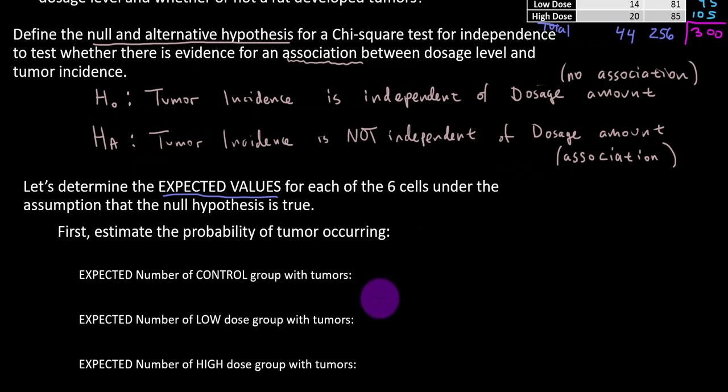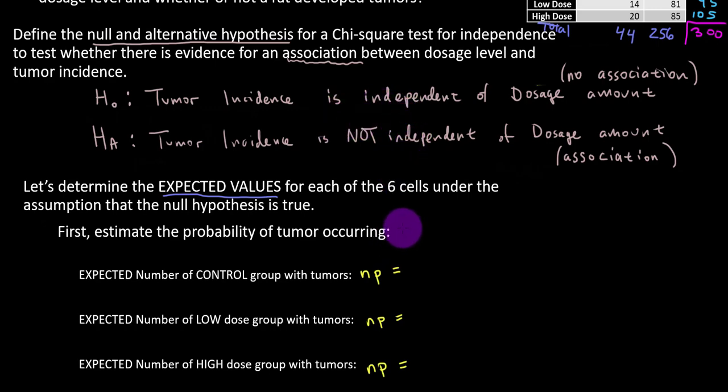But remember the formula for expected values. It is simply n times p. In this case, however, the n and the p are both going to fluctuate depending on what dosage group we are considering and the probability of obtaining a tumor under the assumption of the null hypothesis.